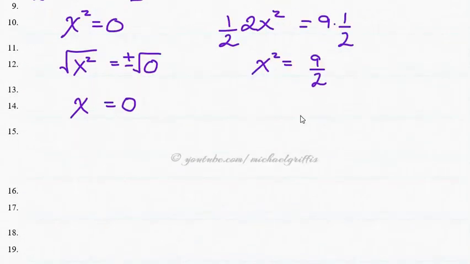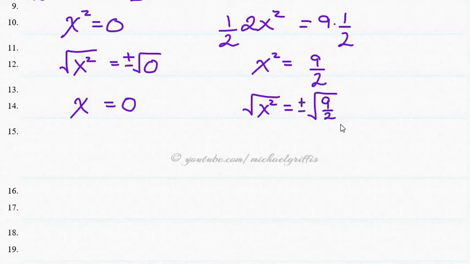Now we square root both sides. Remember to write plus or minus. Right, so we're left with x is equal to plus or minus. Now the square root of 9 is 3, and then we can't break that down anymore.